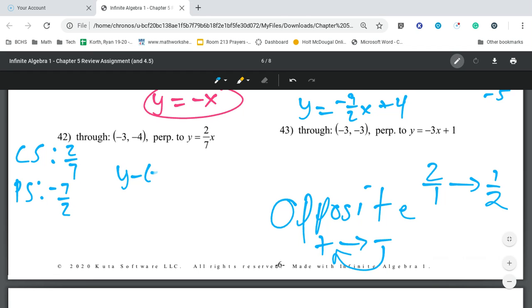Y minus negative 4 equals the perpendicular slope. Don't use the original slope. Times x minus negative 3. That's going to be fun.